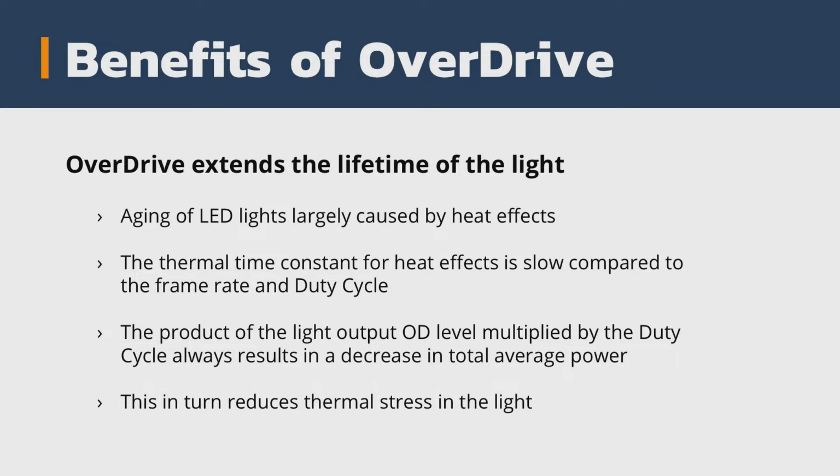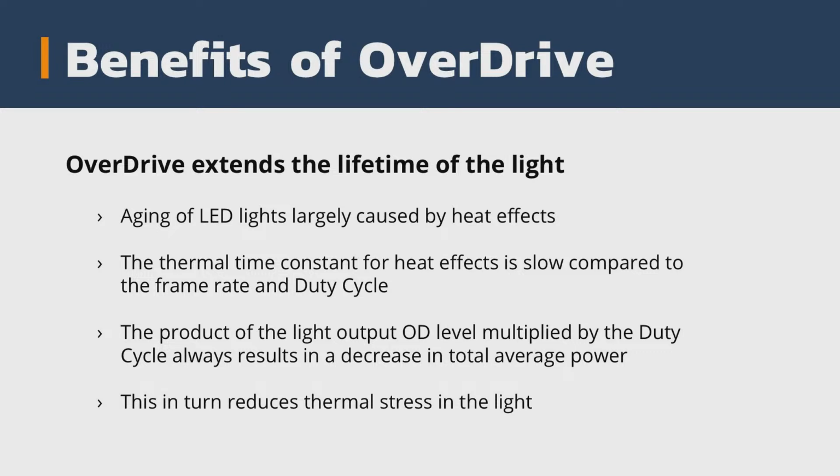So you may think, well, when we're overdriving and we're putting out several times the power of the light, this must age it disproportionately. And it does slightly, but you must also remember that the light is in overdrive mode with a duty cycle. The light is on for a very short time and off for a much longer period.